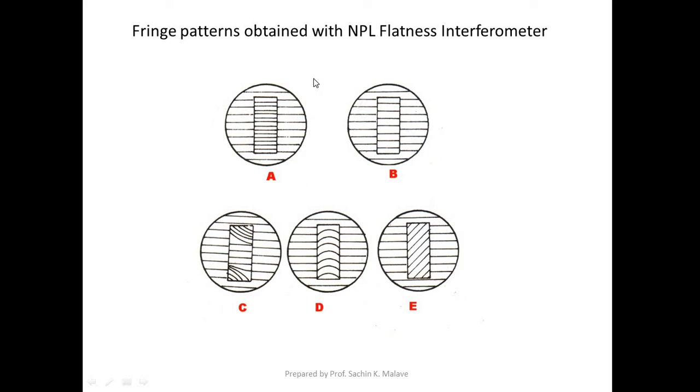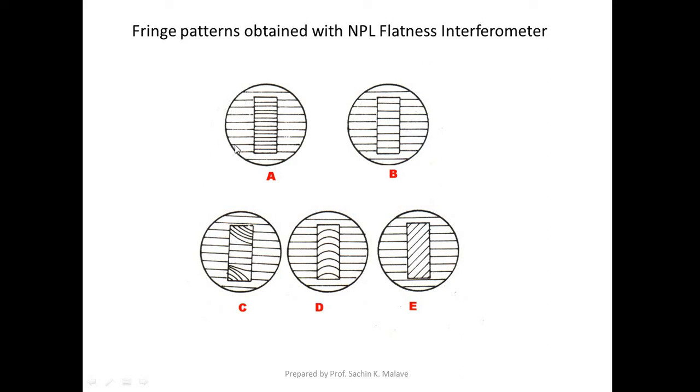If we compare the fringe pattern here and here, we see that the direction of the bands, the horizontal lines are the bands, in the circle as well as in the rectangle are the same. Both bands are in the same direction, but the pitch is different.